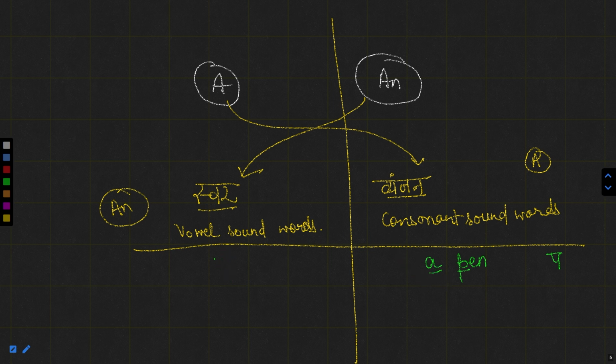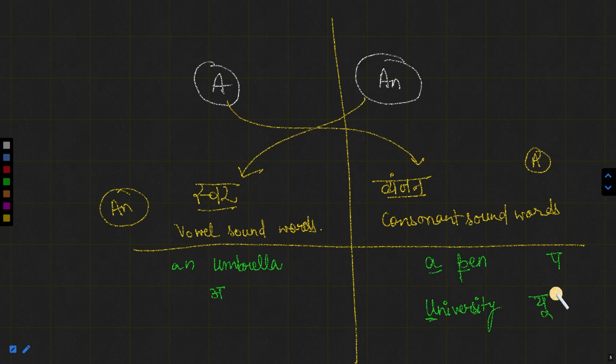Okay, if I say umbrella. Now, if you pronounce this word, of course it begins with a of swar. So we'll write an umbrella. But if you talk about the word university. Now the pronunciation of this word begins with ya, which is actually a vyanjan of Hindi Varnmala.